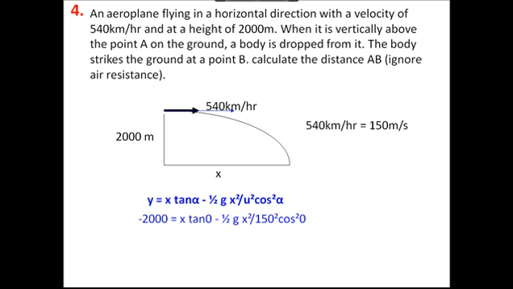Now alpha we'll put as 0. Reason, because the aeroplane is flying in horizontal direction, whatever drops from there also has to fly in horizontal direction. So angle with horizontal is 0, and then only unknown is x, and that we can work out as 3028.9 meters.